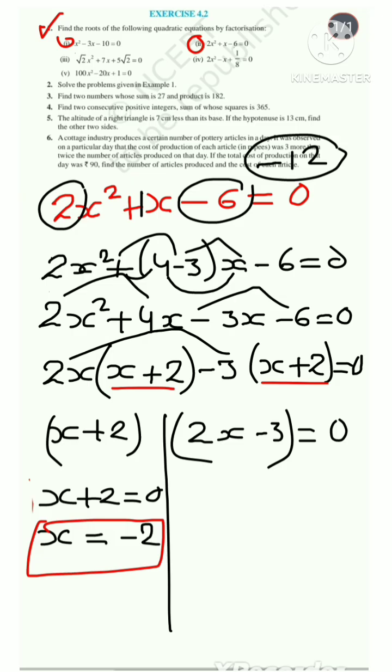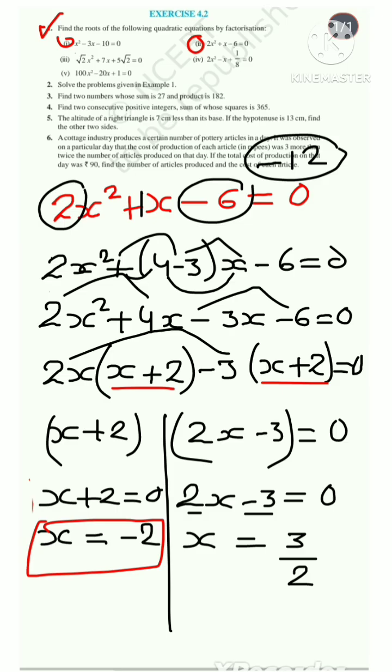Similarly 2x minus 3, okay, make it equal to 0, then the value of x will be, okay, firstly this minus 3 goes to RHS and becomes plus 3, and this 2 also goes to RHS over here. In this way we have obtained the second root of this equation, that is 3 by 2.